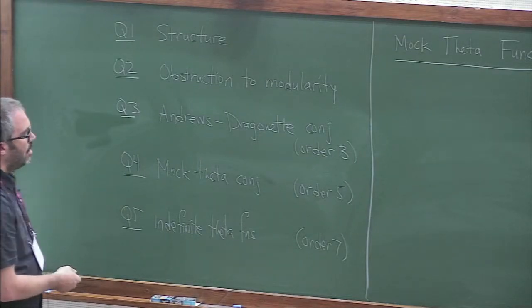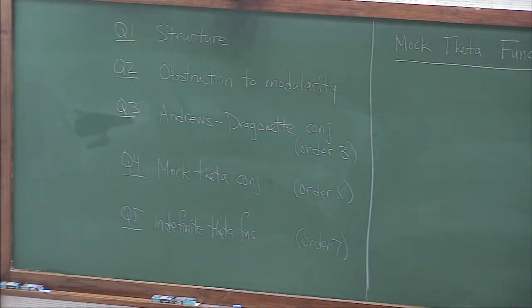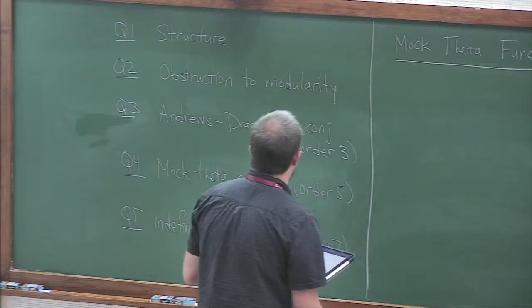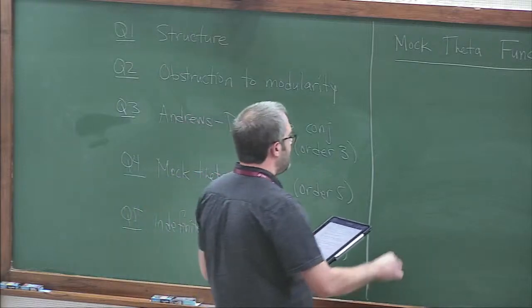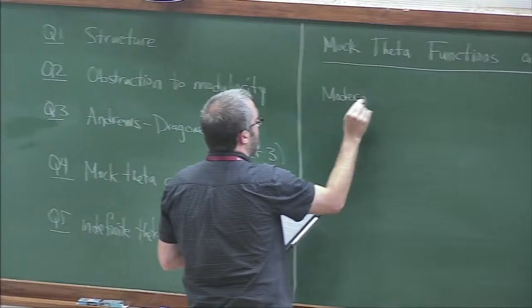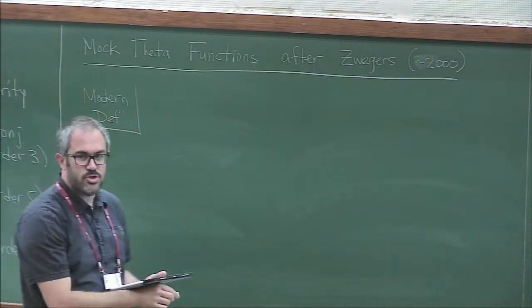Okay, so around 2000, Zwegers wrote his thesis and another paper on Mach theta functions, and really answered a lot of, or opened the door to us answering a lot of these questions. So I'd like to give a modern definition of what we might say a Mach theta function is.